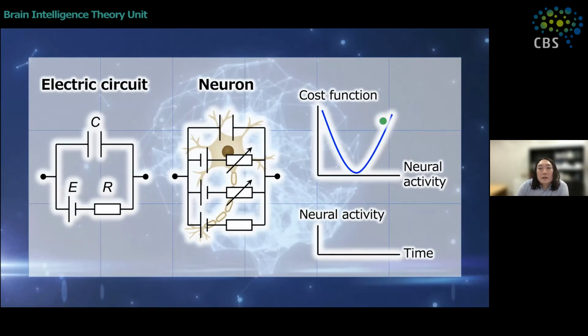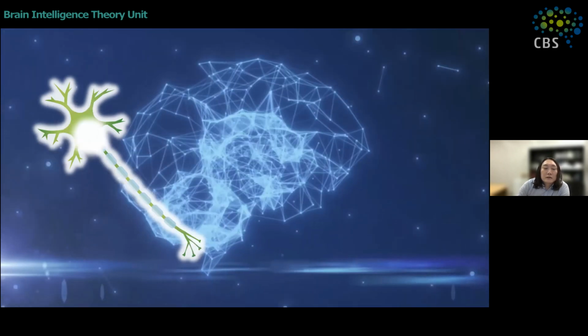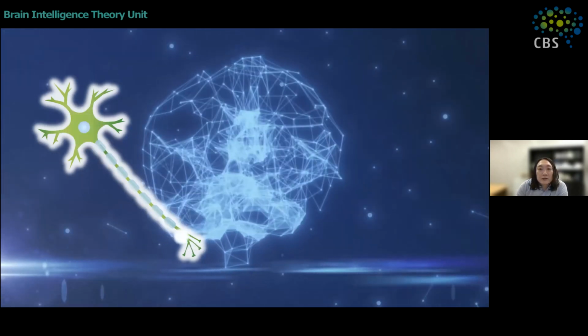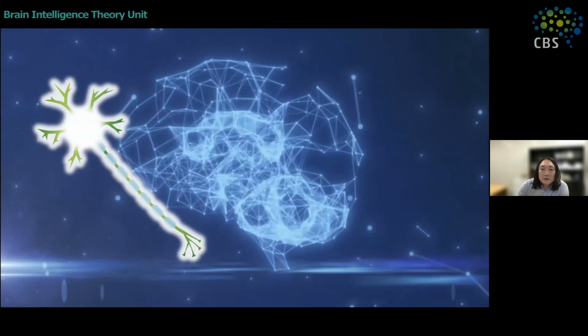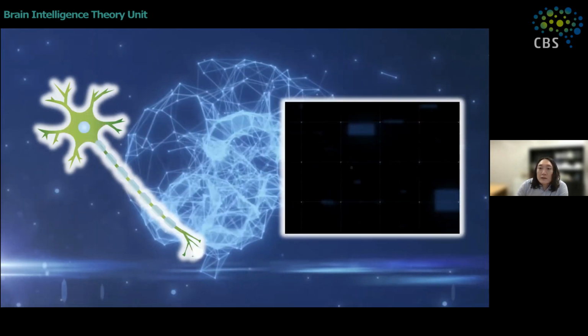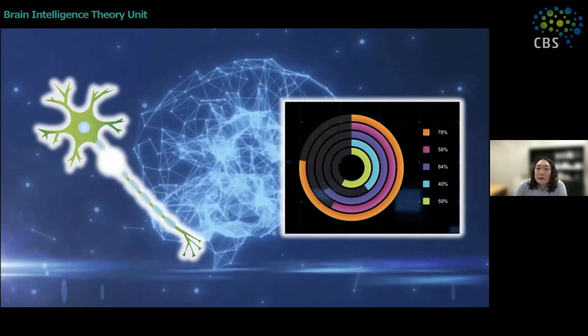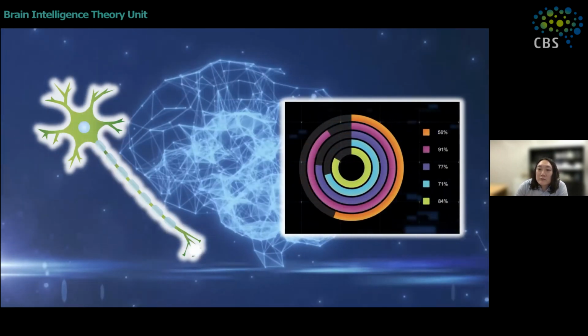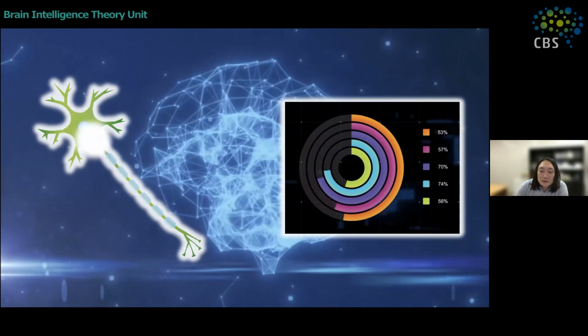And another approach to investigate the brain focuses on the information processing of the brain. It is considered that the brain processes sensory information using statistics.